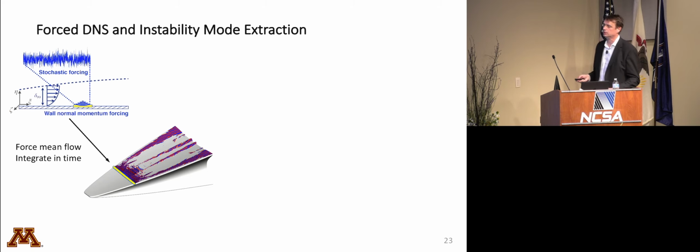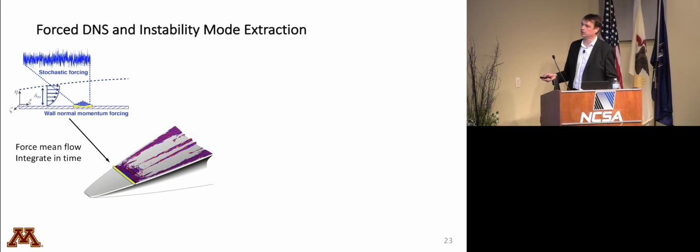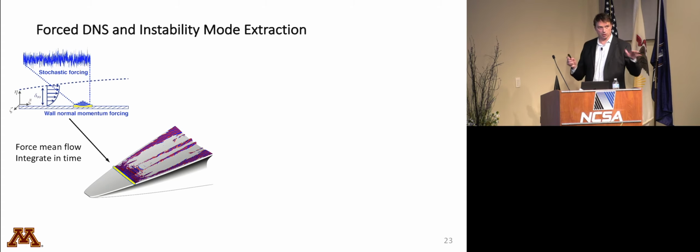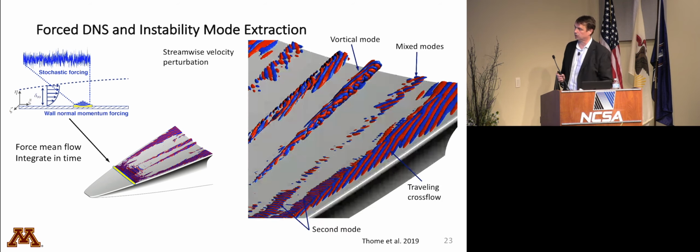What we've done so far, and this is definitely work in progress, is apply a little strip of normal wall momentum forcing and then integrate in time. So there's this yellow strip here. We put in stochastic white noise at 10 to the minus 6 type of amplitude, so very, very low. Then we just integrate downstream, and we let the flow field respond to that forcing.